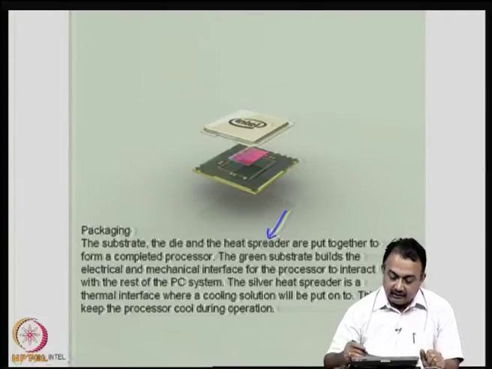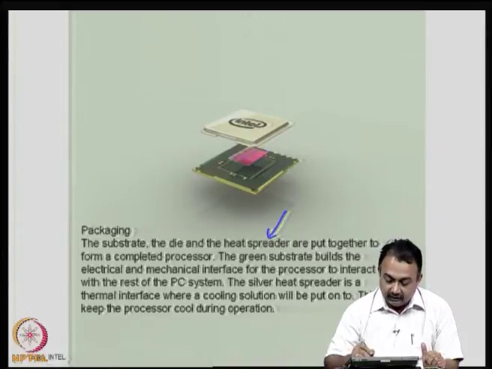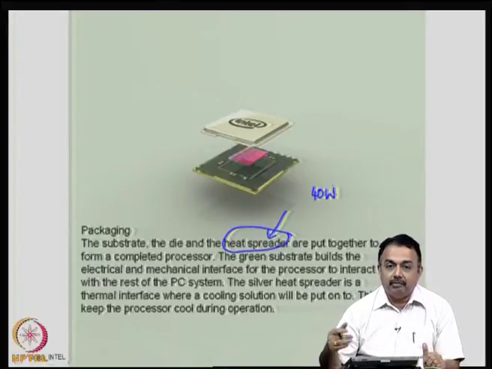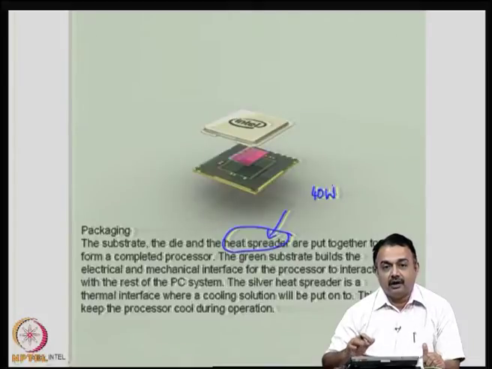In some cases, the chip manufacturer has made a lot of analysis and comes out with a figure, let us say 40 watts is going to be generated from a processor. So, do you require a heat spreader to remove the heat quickly, or if you do not require a heat spreader, what other mechanisms are going to be available to remove the heat? Can the substrate remove the heat quickly from the surface of the die?